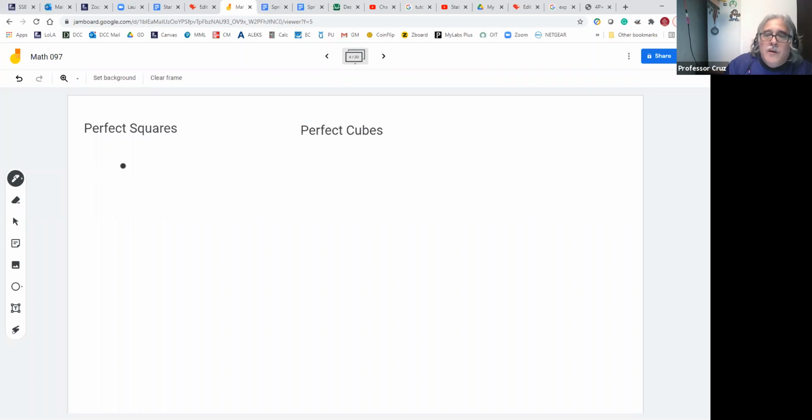All right. Of course, one is not really an issue because one squared is one. It doesn't really change anything. But if we go down the line, 2 squared is 4. 3 squared is 9. 4 squared is 16. 5 squared.